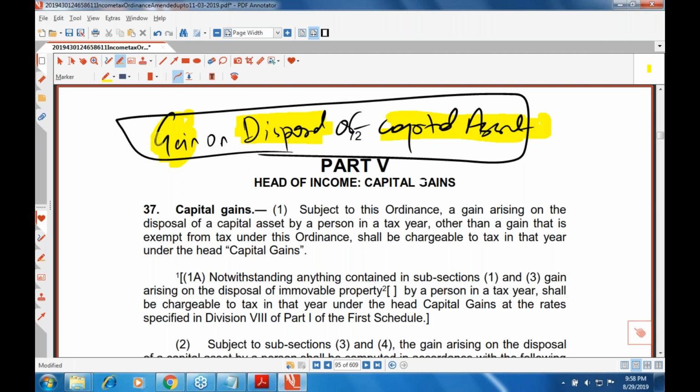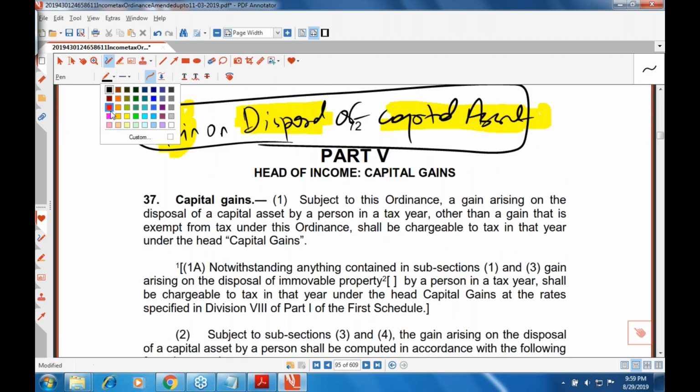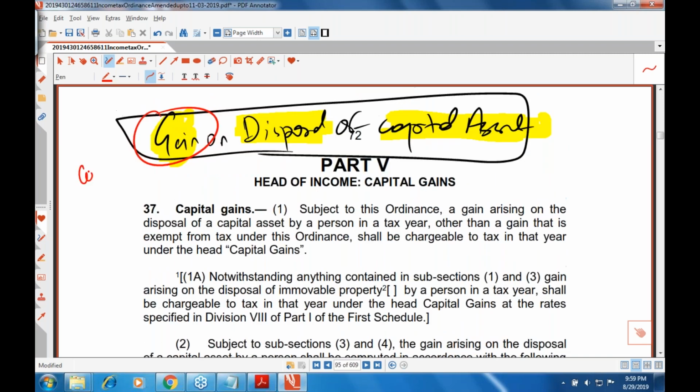The gain in this context actually refers to the consideration minus cost.